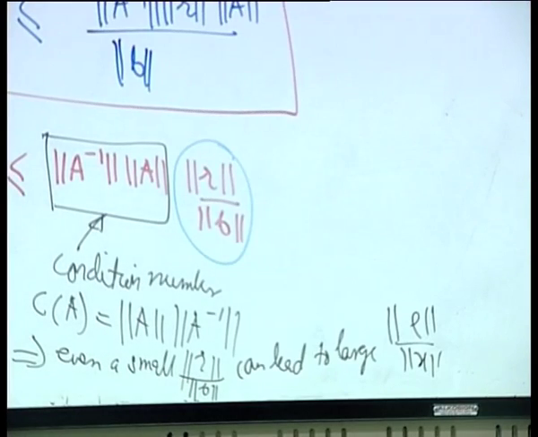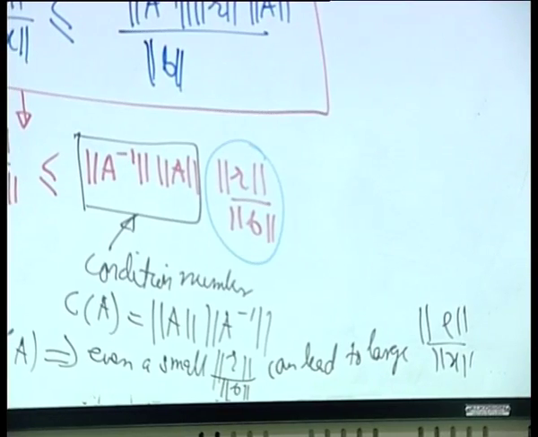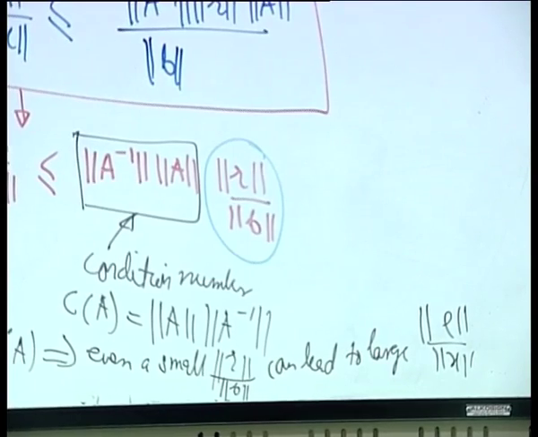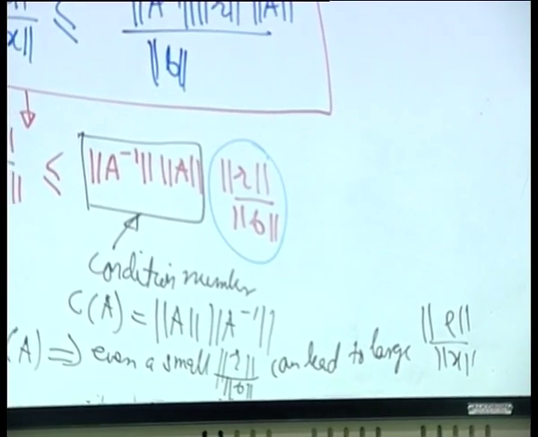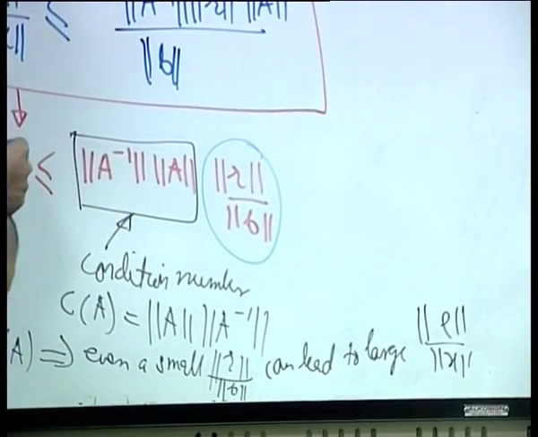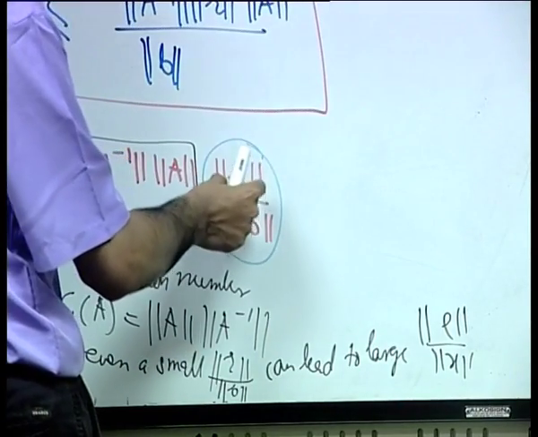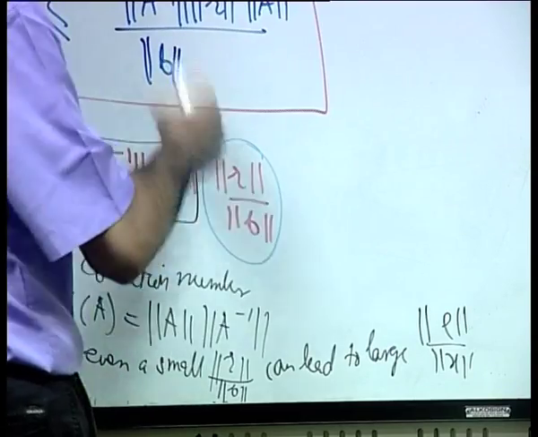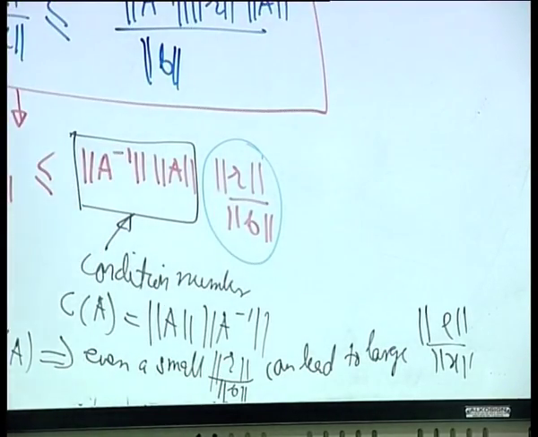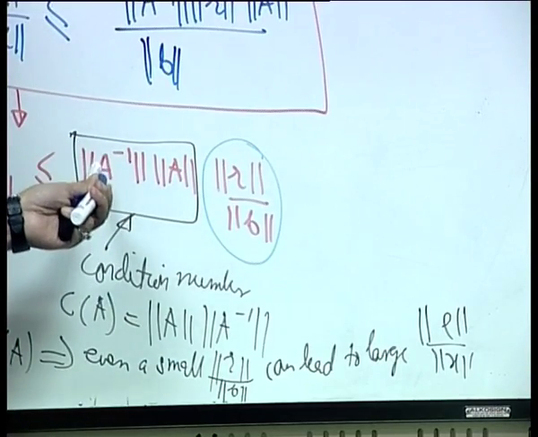If such a case occurs, then it is called an ill conditioned system. So, a large condition number is bad; it shows a great sensitivity of the error to the residue. If the residual is small, that is blown up because of the large norm of A into norm of A inverse.